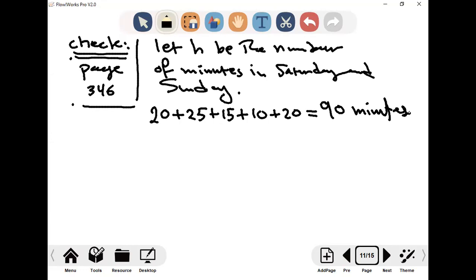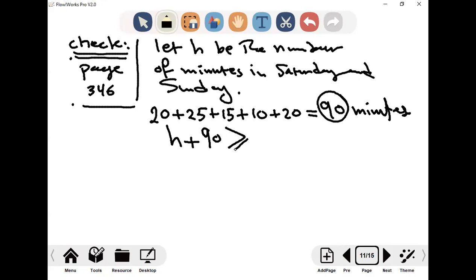I know, mister. I add the tens first. Then I add the ones. Yeah. Now let's prepare the inequality, right? H, Saturday and Sunday, right? Plus the rest of the days, which is 90 minutes, should be more than or less than?